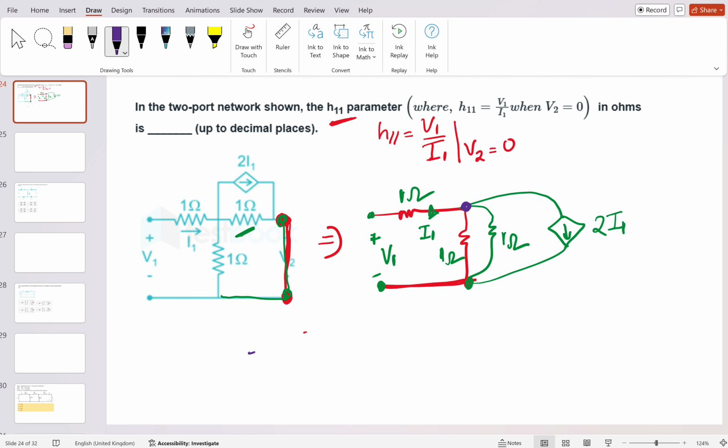Okay, I got one answer as minus 1.5. Re-verify whether it is correct or not.